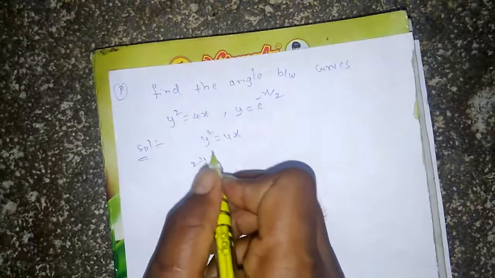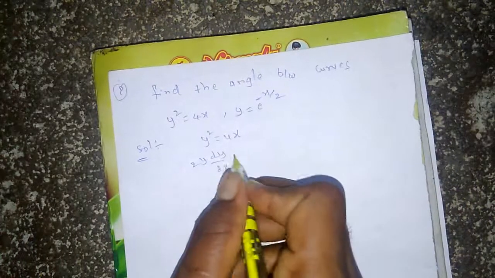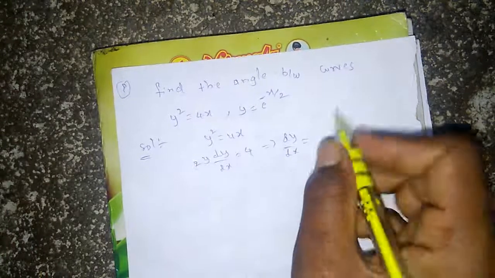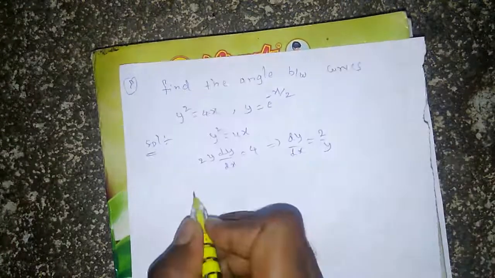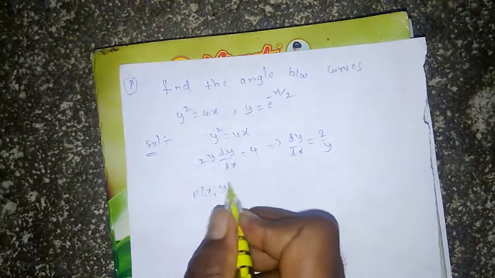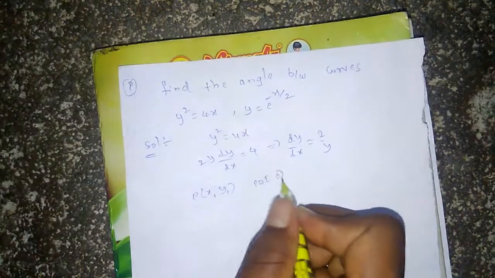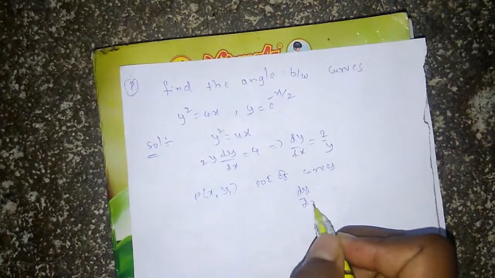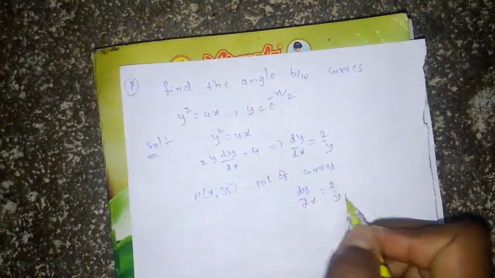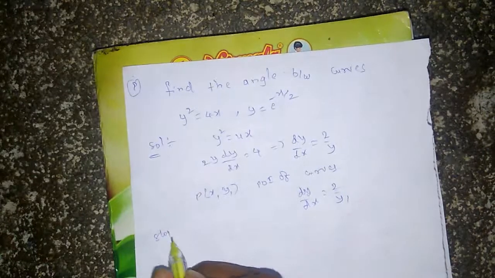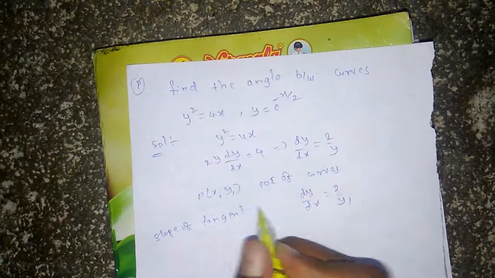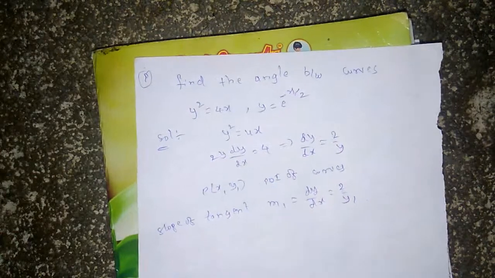Differentiate with respect to x, 2y dy by dx is equal to 4, implies dy by dx is equal to 2 by y. If P x1 y1 is the point of intersection of the curves, here dy by dx is equal to 2 by y1. Slope of tangent to the first curve is m1 is equal to 2 by y1.